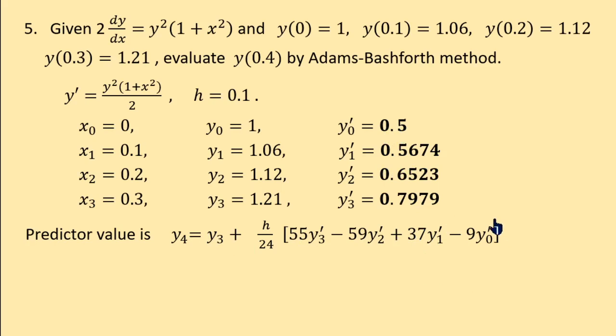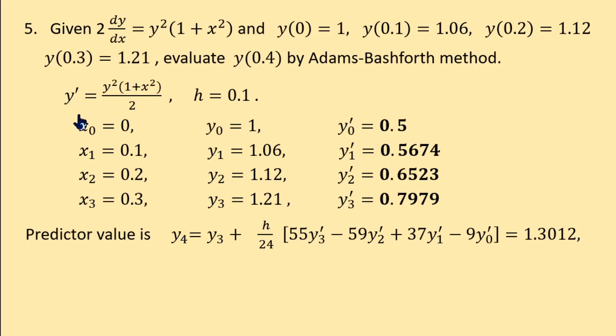So carefully substitute and then close the bracket. That means the predictor value of y4 is 1.3012.